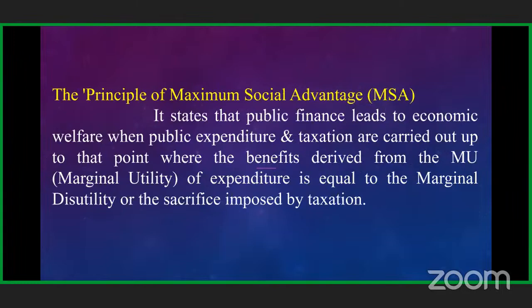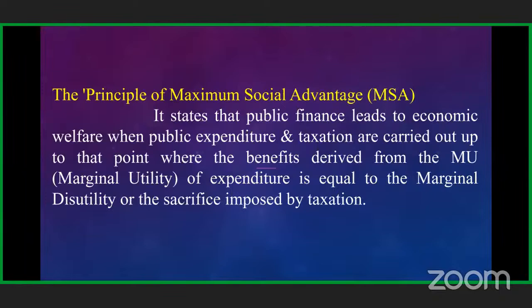Okay, friends. Here, the principle of maximum social advantage is stating that public finance leads to economic welfare when the public expenditure and taxation are carried up to the point where the marginal social benefit is equal to the marginal social sacrifice.